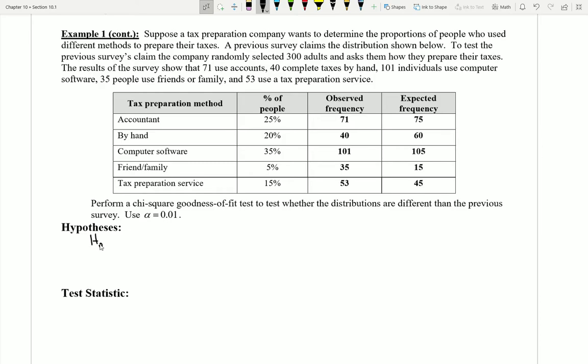And our hypotheses aren't really any different than what they were in the previous videos.